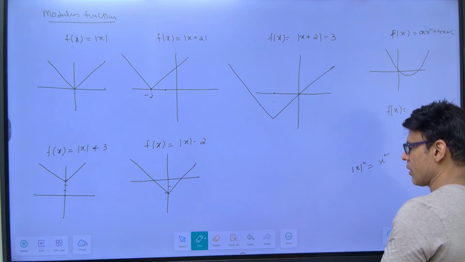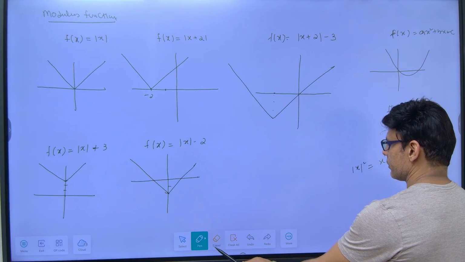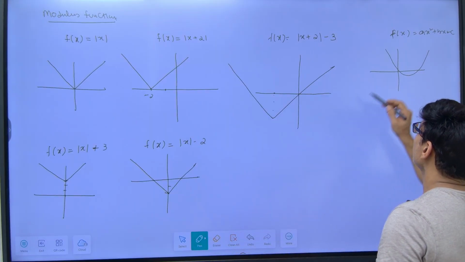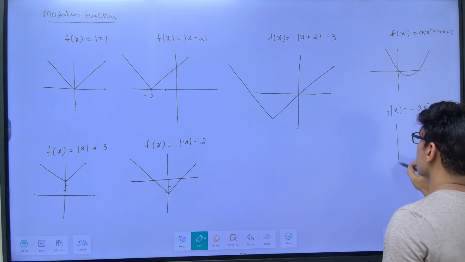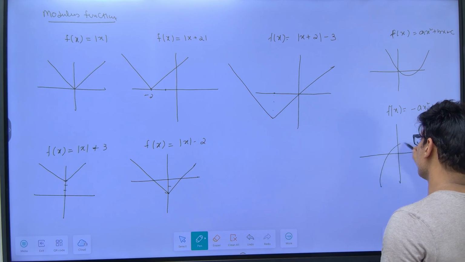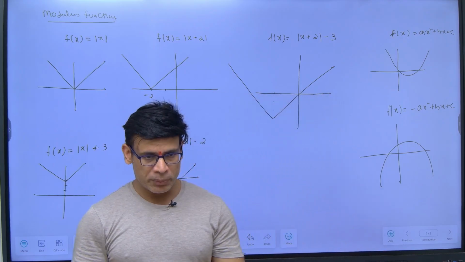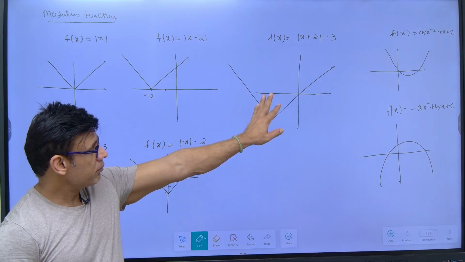That's it. One more thing, in this case, if the coefficient of x square is negative, then the graph of this function will be a downward parabola. The graph of the function depends on the coefficient of x square, right?